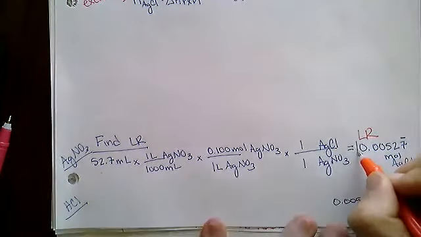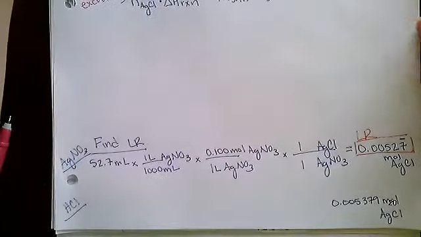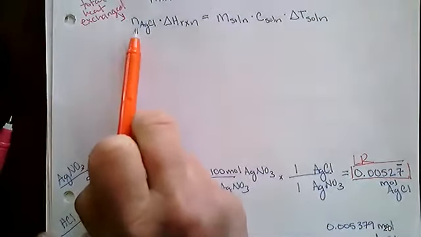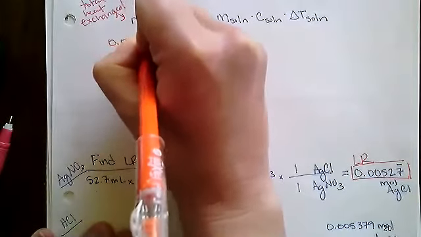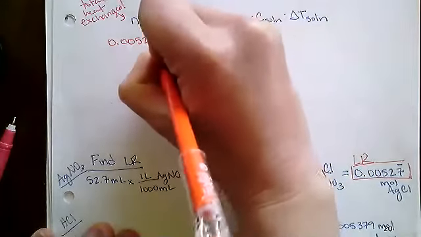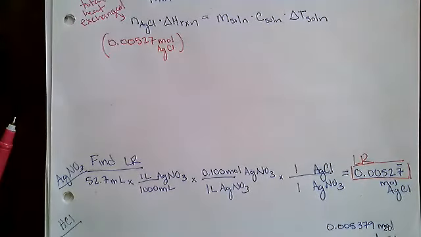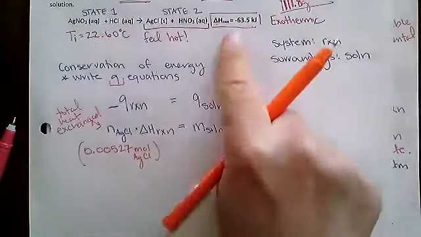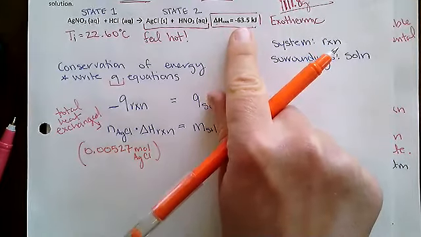So it's this number of moles that you would plug into moles of silver chloride here. 0.00527 moles of AgCl react. And we know from the equation that there's negative 63.5 kilojoules per 1 mole.